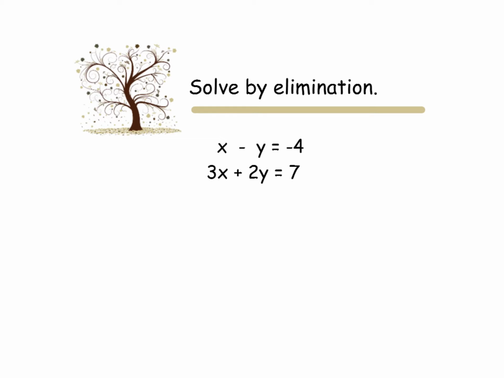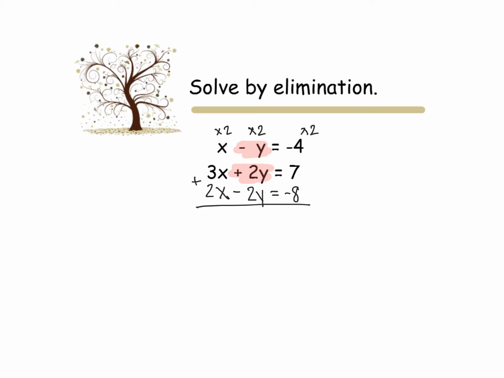There's a couple different choices to solve this problem, but since this y is negative and this y is positive, I thought it would be easiest to get rid of the y's. So I realized that if I multiply this top equation by 2, I would have 2x minus 2y equals -8.